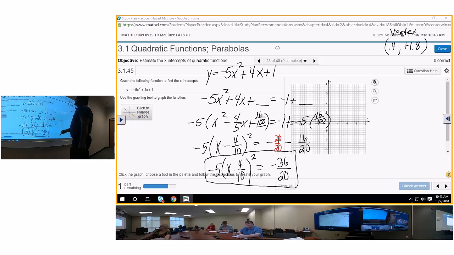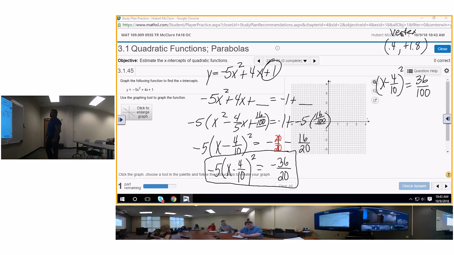And then your y-intercept is 1. So let's do so divide by 5. You multiply by 1/5, which will give you positive 36 over 100, right? Isn't that nice? 36 over 100, is that what I said? And why is that very nice? Because it gives you a perfect square. Perfect squares. Yeah.